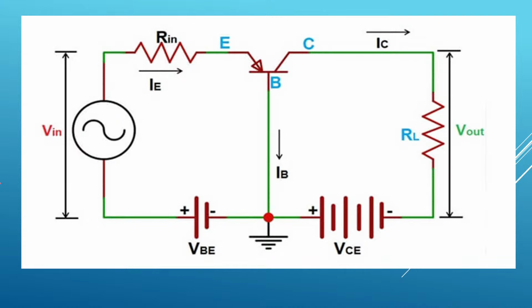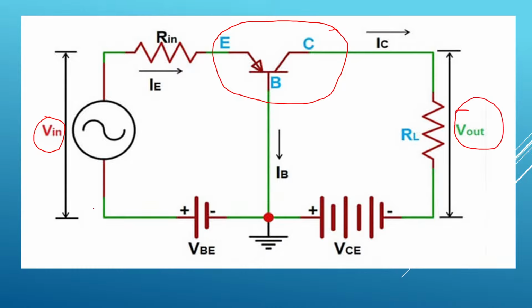In this circuit diagram, if you observe carefully, this is our BJT, with emitter, collector and base terminals. This is our input V in, this is our output. The base terminal is common to the input as well as the output.